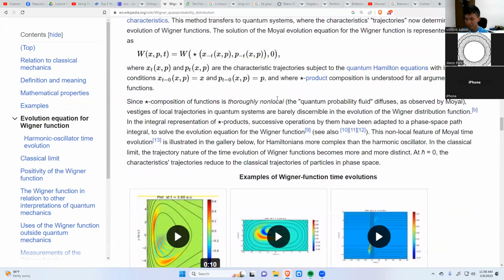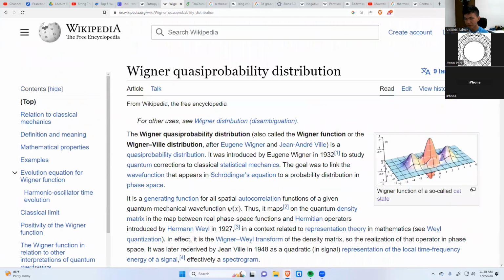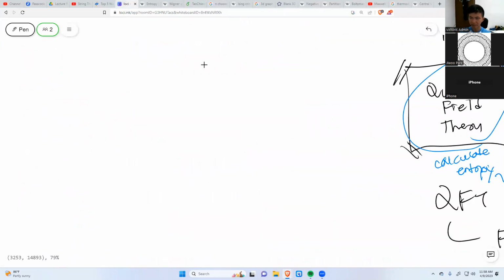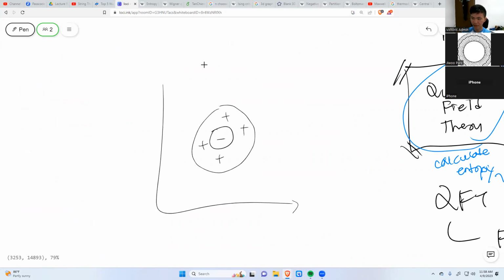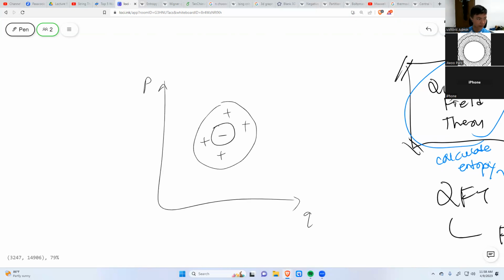From what I understand of the Wigner function, I don't know all the calculations in great detail, but basically it defines a probability distribution that can be negative. The reason why that might be allowed is that if you have some negative region surrounded by some positive probability region, and this is on phase space, so P and Q, or in optics it would be creation and annihilation operators.